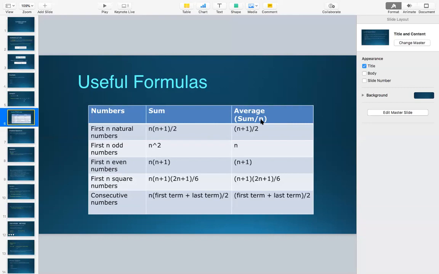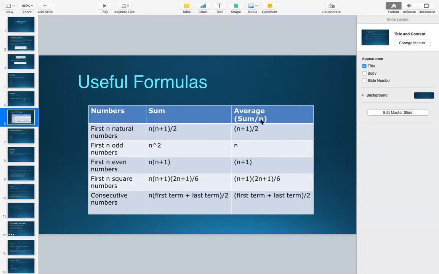Right? Okay, using the same formula, let's say I am asking you to find the average of 1 square, 2 square, 3 square, 4 square, and this cycle keeps on going till, let's say, 15 square.